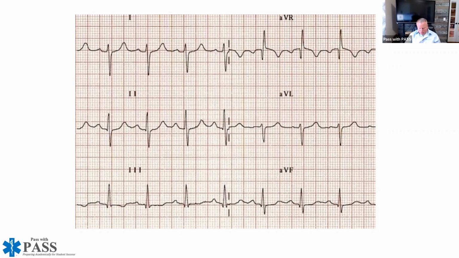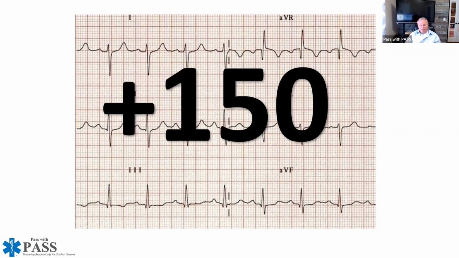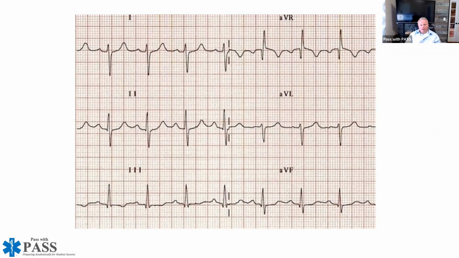So let's use the hexaxial system. I take my star of life, I put it on there. Sorry, the star of life's not on there. As I look at this, if lead 2 is my equiphasic lead, remember that I should go over to AVL at that point, because that's how the star of life would line up. When I look at AVL, that is negative.